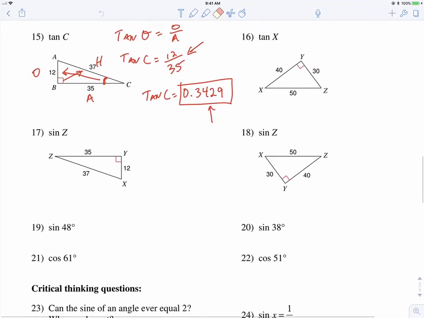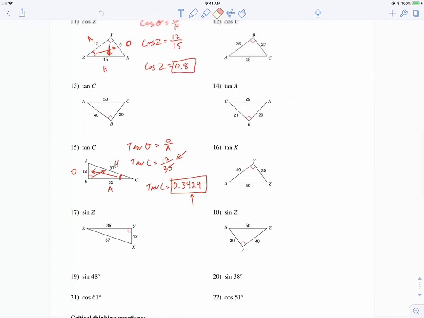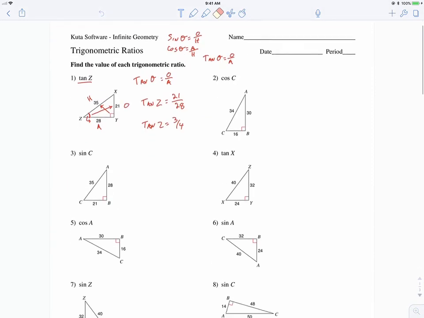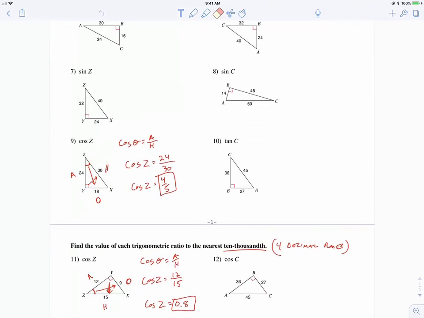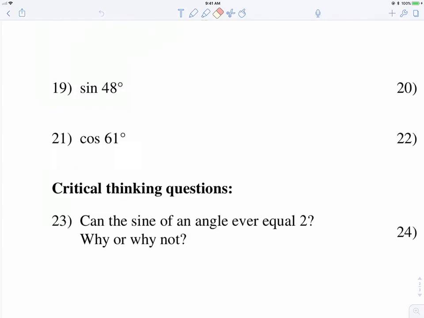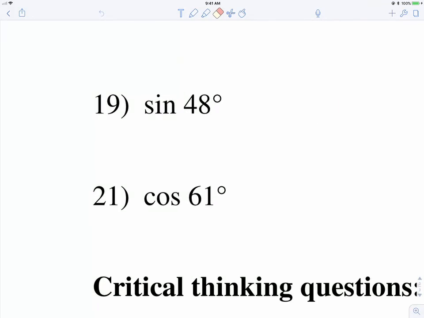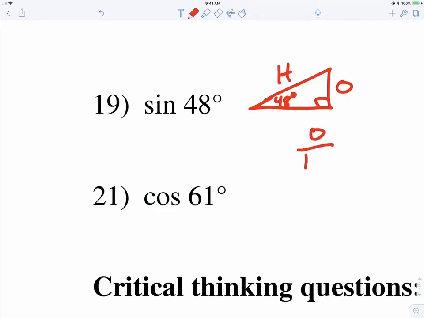When the reference angle is 48 degrees, you can think of a right triangle that's got a reference angle of 48 degrees. Sine is opposite over hypotenuse. So the ratio of those two sides is going to tell us what the decimal is.